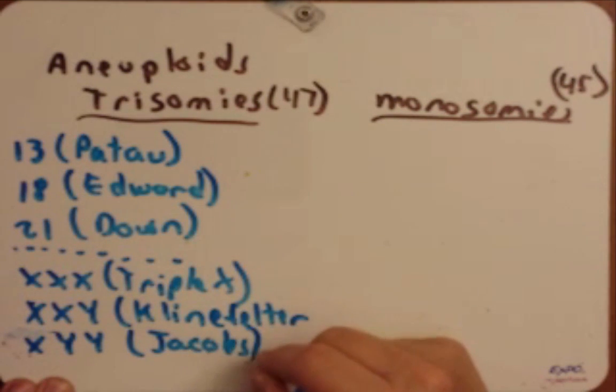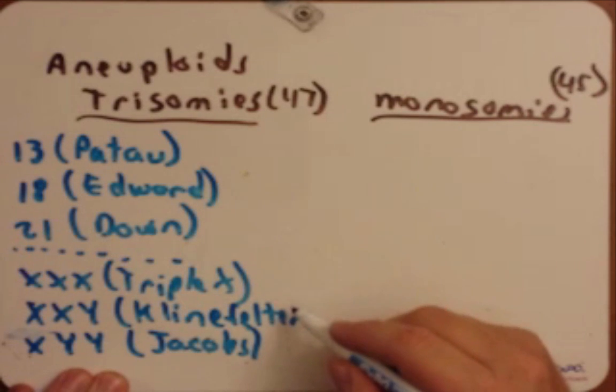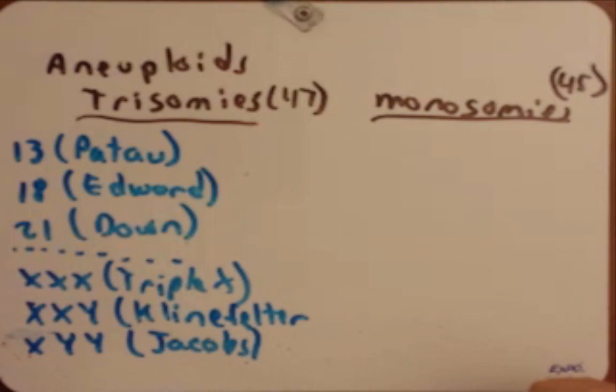Jacob's syndrome. These typically have phenotypes associated with them, very few with the XXX, but Klinefelter, these are male, and they typically are very tall. They also have some more feminine phenotypes associated with them, and they are sterile. Jacob's syndrome, there are some traits linked to them, sometimes increased acne or increased ADHD.